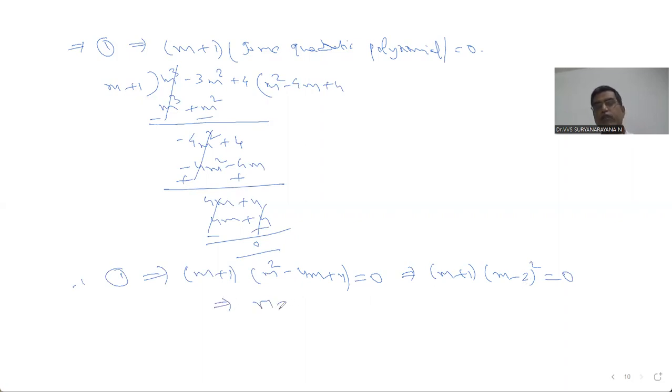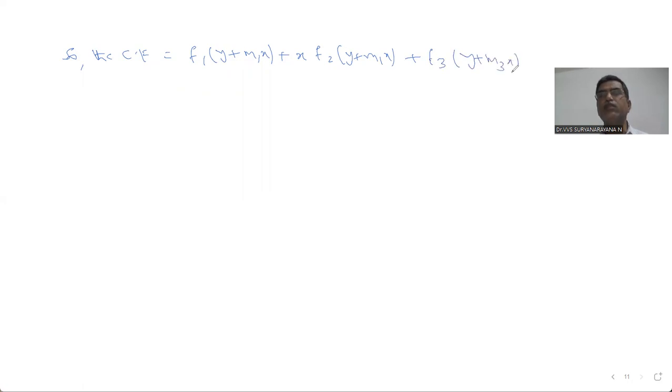So let us take m1 equal to m2 equal to 2 and m3 equal to minus 1. So m1 equal to m2 and that is different from m3. Out of the 3 roots, 2 roots are equal and third root is different.